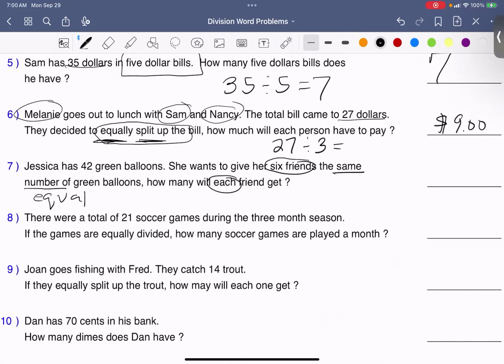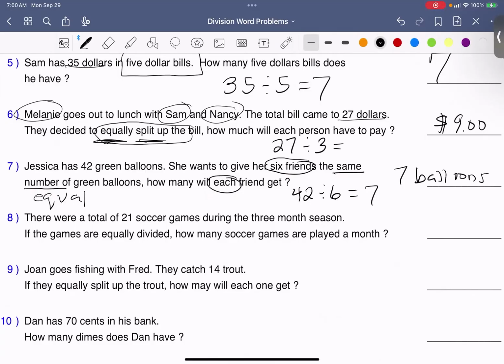So since I see same number and then each, that's telling me that this is division. She has 6 friends, so that's going to be 42 divided by 6, and that's equal to 7. That's going to be 7 balloons.